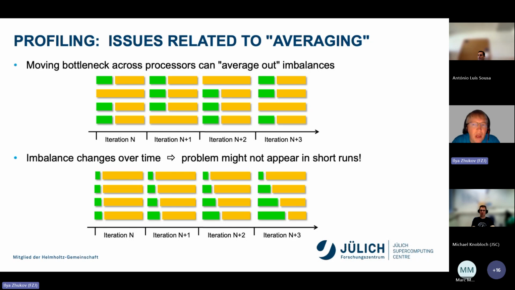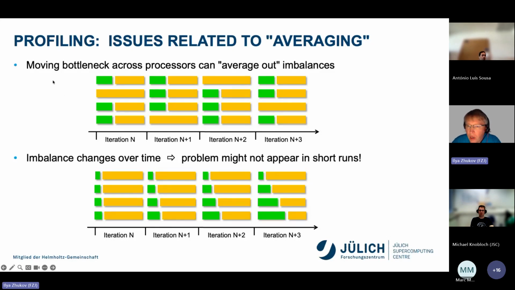Here I already mentioned briefly an example of profiling issues which are related to averaging. The first one is a moving bottleneck across processes. Let's discuss this. Each line represents a single, let's say, MPI process. So this is process 1.